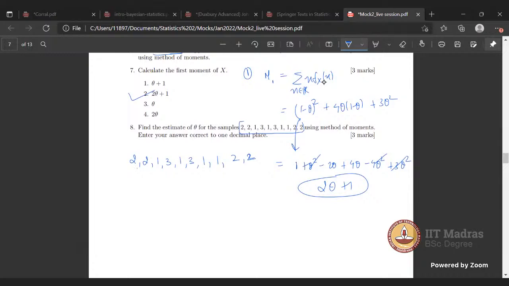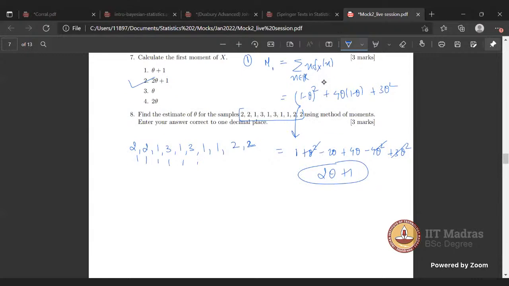We have a total of 10 samples here, 1, 2, 3, 4, 5, 6, 7, 8, 9, 10. If you find the sample mean, the expected value of x bar, you will get the sum 18, and 18 by 10 is 1.8.